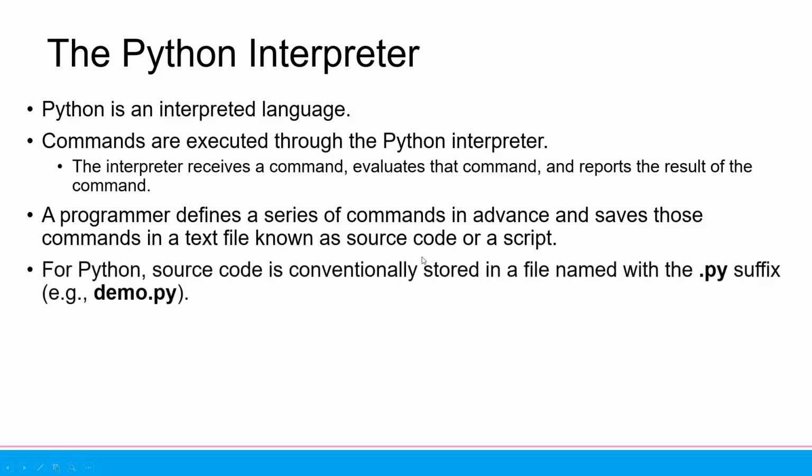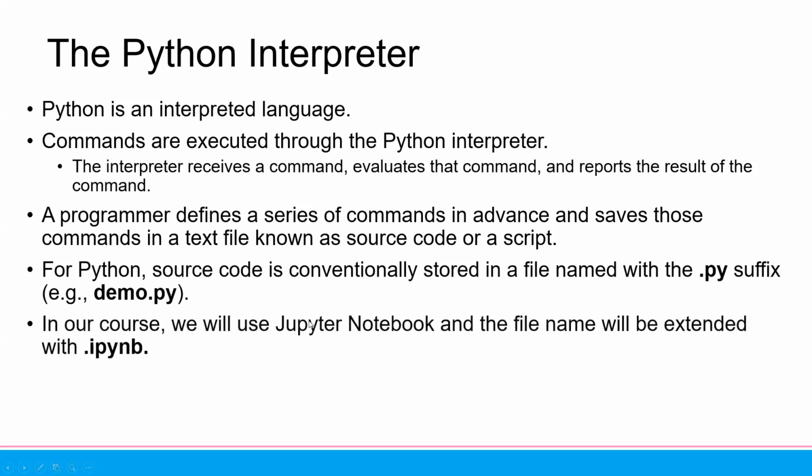For general Python, maybe sometimes I will share the Python file, and the Python source code is conventionally stored in a file name with .py. So everything with .py is a Python source file.